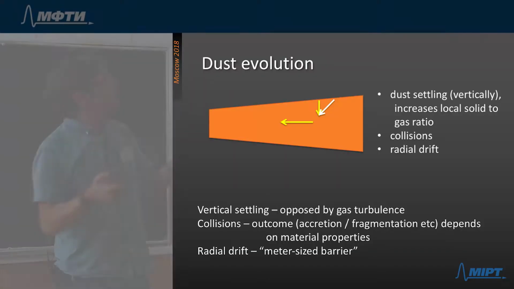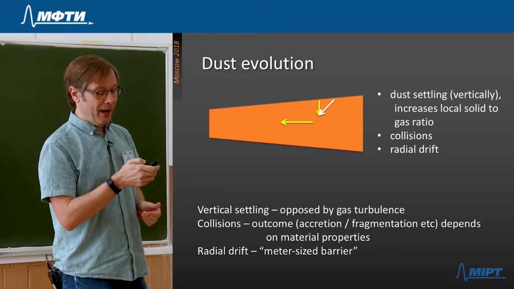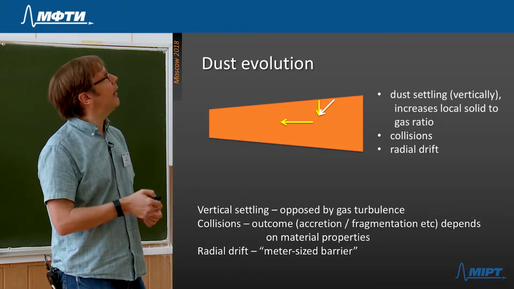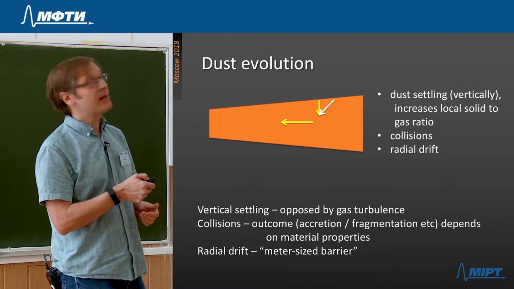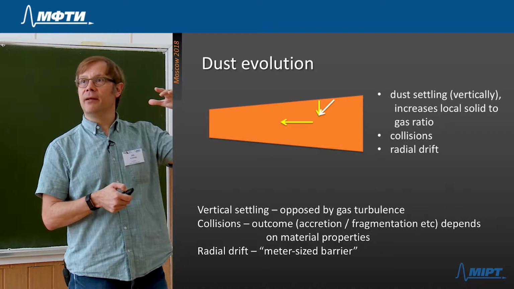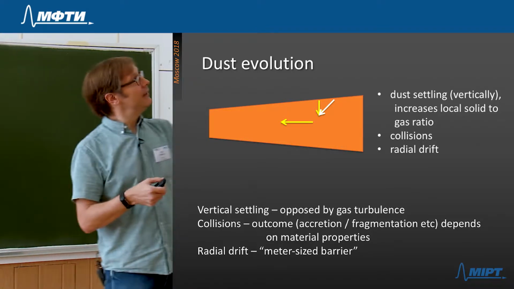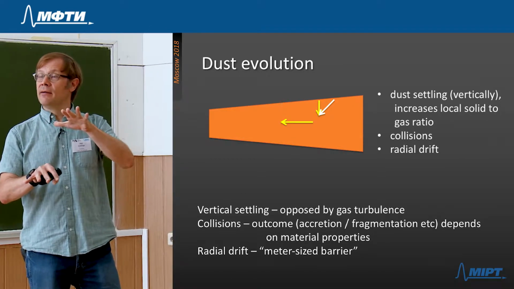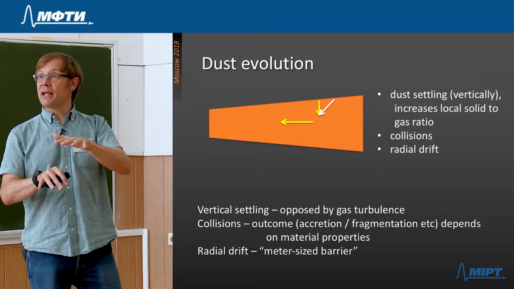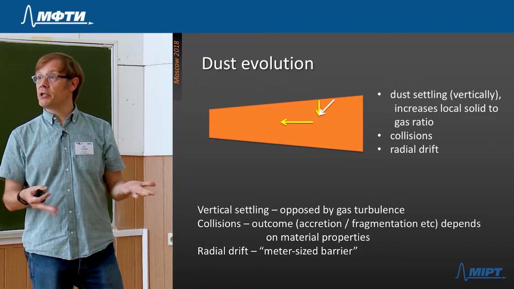There are a number of different ways this might work. Imagine you're a particle sitting in the disk at some height above the midplane. We said on Monday that for the gas in the disk, you have a balance of forces, where the vertical component of the stellar gravity is trying to move the material towards the midplane, and that's resisted by a pressure gradient.